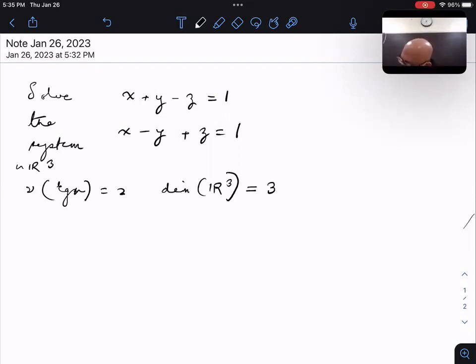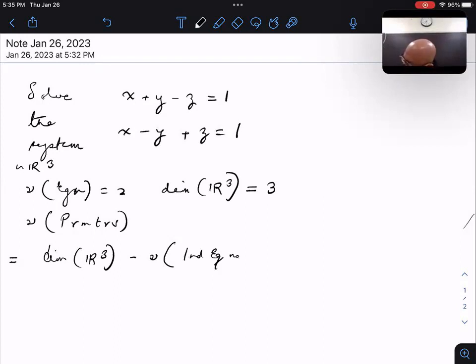So number of parameters is equal to dimension of R3 minus the number of independent equations is equal to 3 minus 2 is equal to 1. So these are 2 planes, each is a plane, and they intersect and define a line.